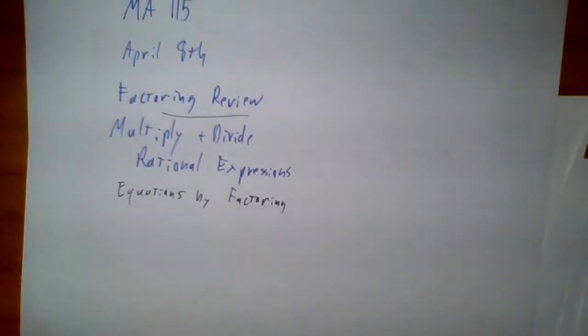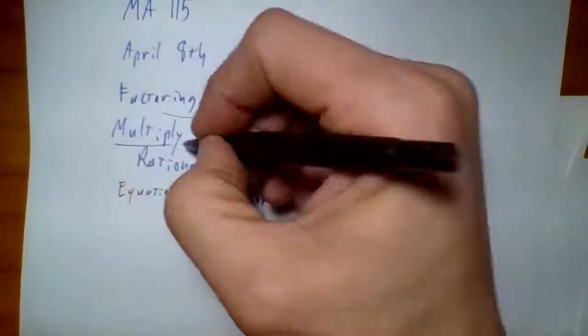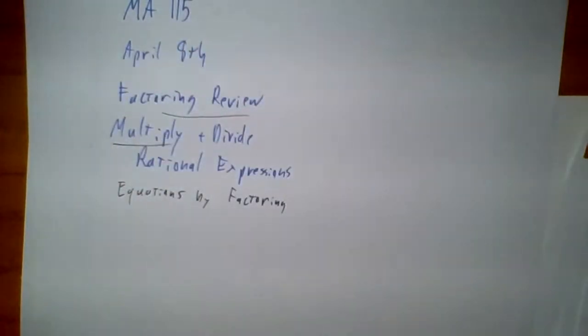It's part of the process here. So I'm going to start with a multiplication problem, include the factoring that goes with it, and see what else we can work with.